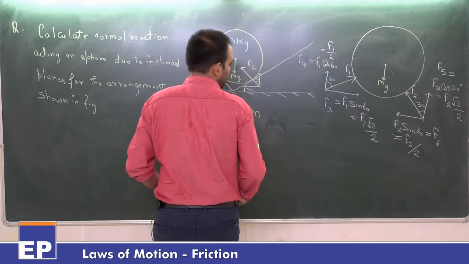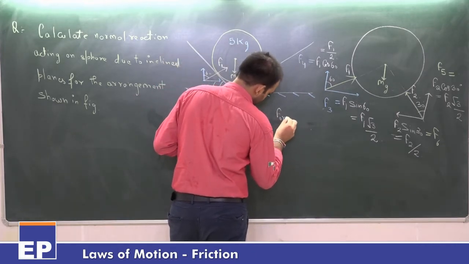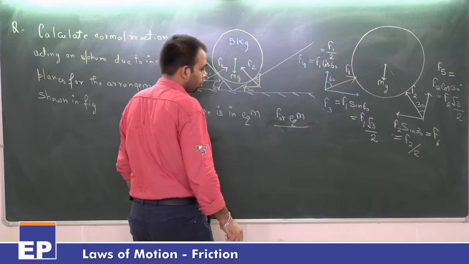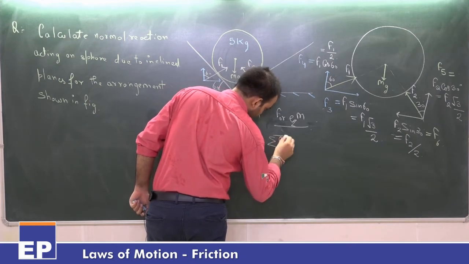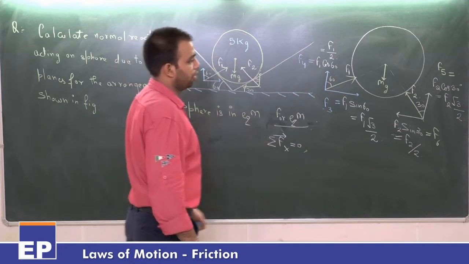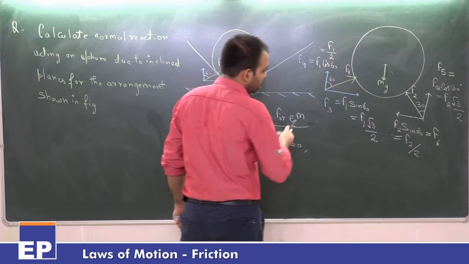नाउ देखो मैं क्या लिख सकता हूं. For equilibrium, net force is 0, मतलब total force in x direction, summation of forces in x direction, it is 0. How many forces are in x direction? There is F3 and F6. F3 is in this direction.